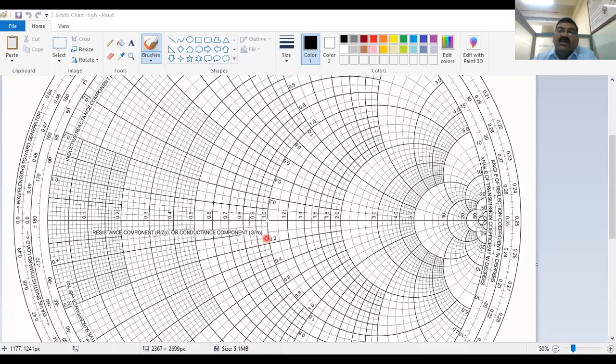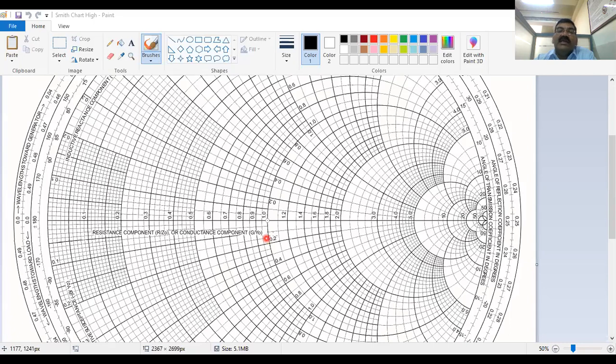This is like a semi-log scale, similar to semi-log graph paper you might have seen. On this side, 1, 0.9, 0.8, 0.7, 0.5, 0.4, 0.3, 0.2, 0.1, and this is 0. This left end is the short circuit, it is 0, and this extreme right end is the open circuit. So this is your real part.